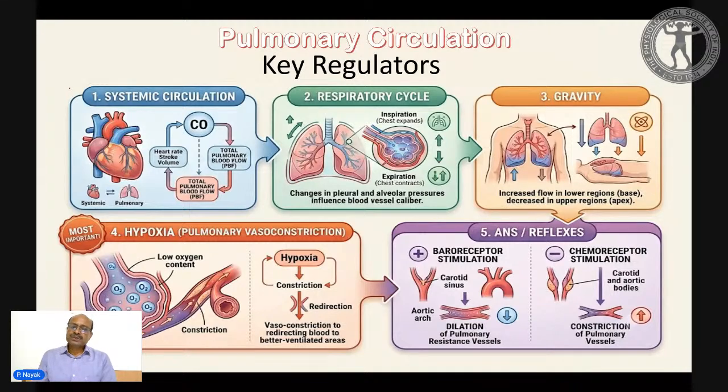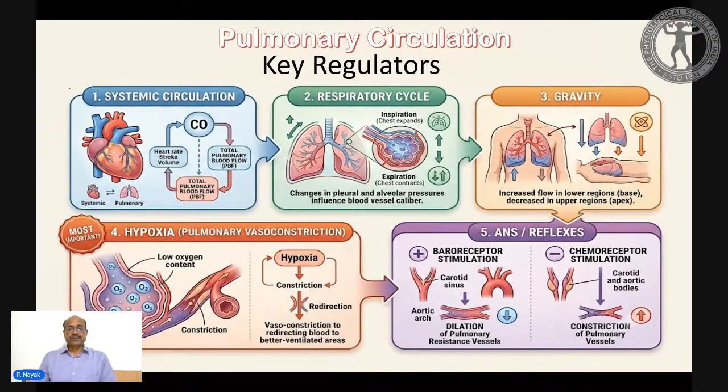Gravity during respiration, and during erect posture and the lying posture, there is a difference. And as you know, during COVID we had that particular posture of prone ventilation that was helpful. Then there are reflex controls by baroreceptor stimulation as well as chemoreceptor stimulation. These also regulate the pulmonary circulation.